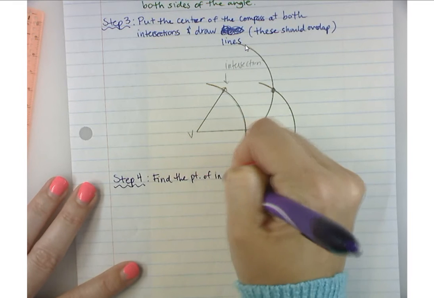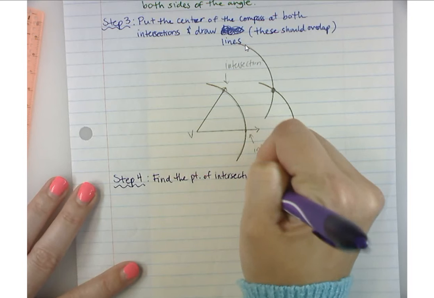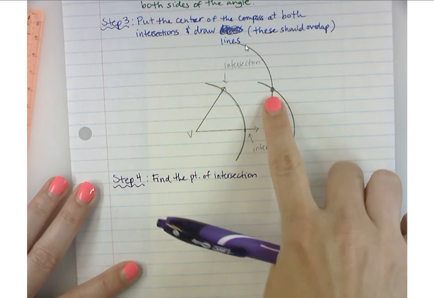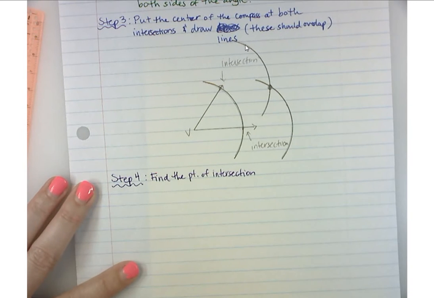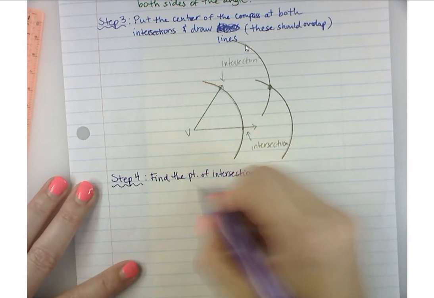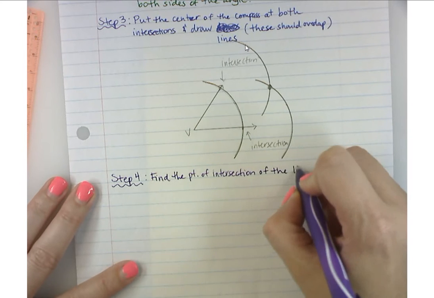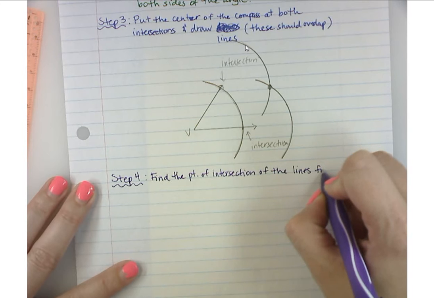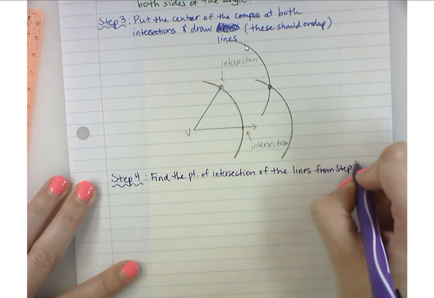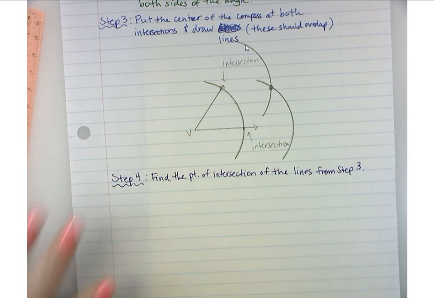If you were following along with me, that's what we just did when I marked that point of intersection here. So find the point of intersection of the lines from step 3.